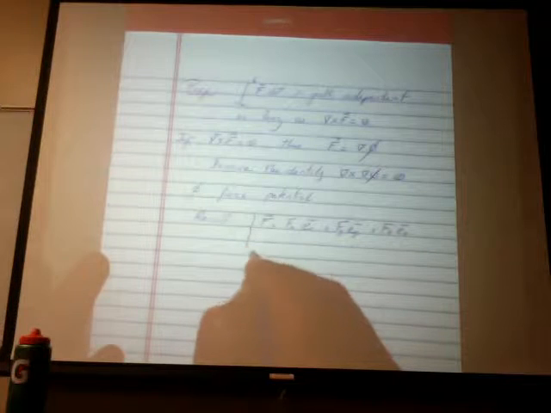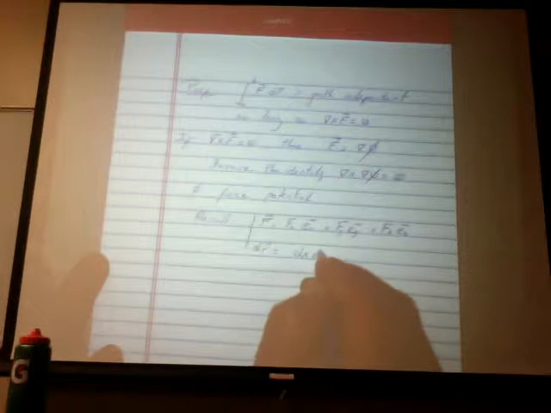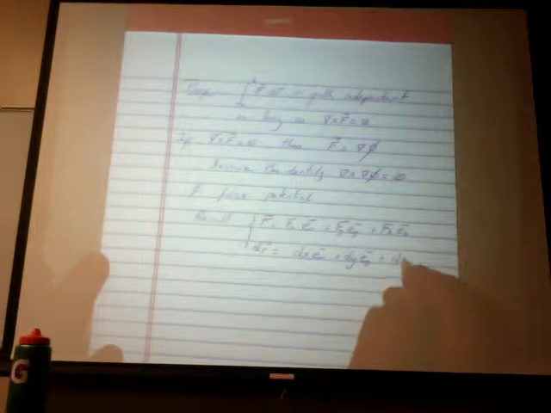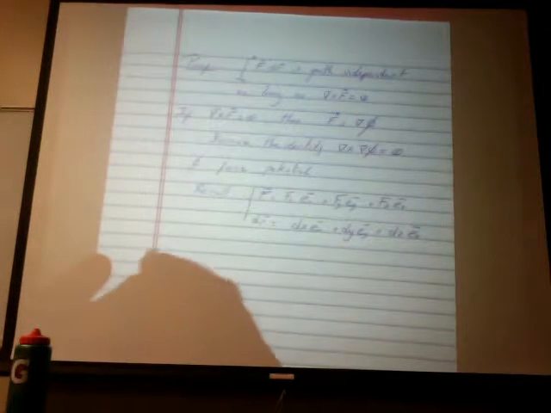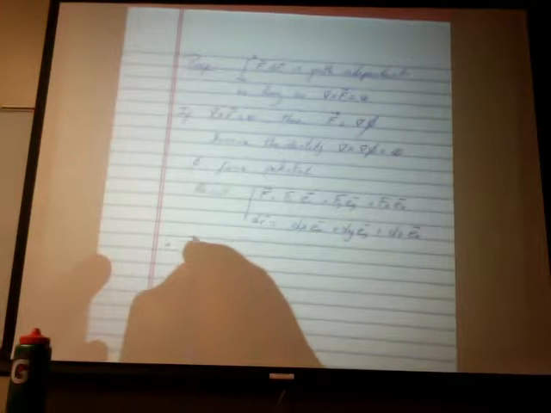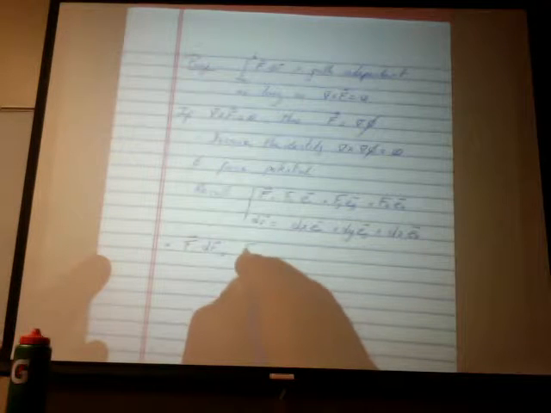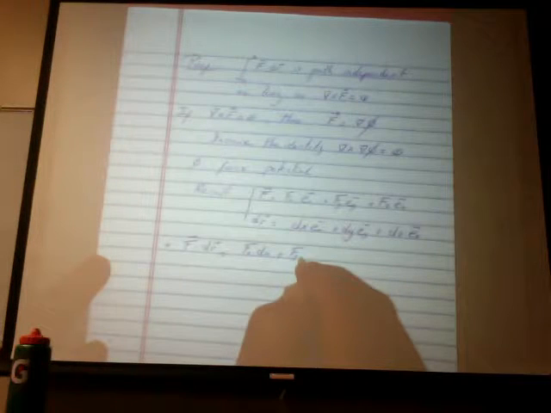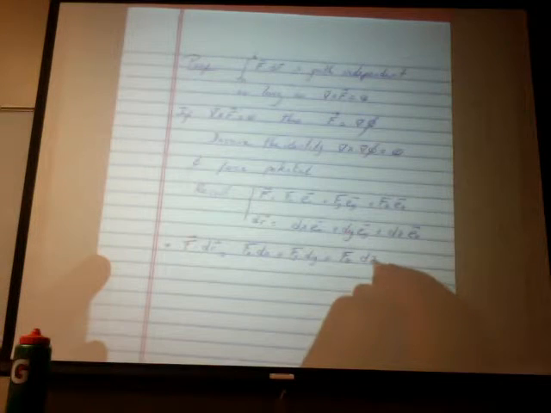And then we have dr being equal to dx in the x direction plus dy in the y direction plus dz in the z direction. Therefore, F dotted into dr comes up to be Fx dx plus Fy dy plus Fz dz.